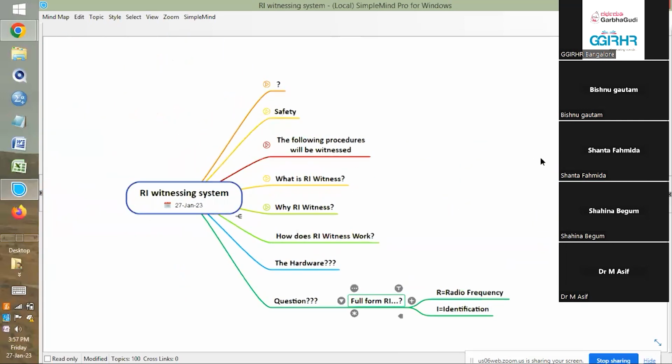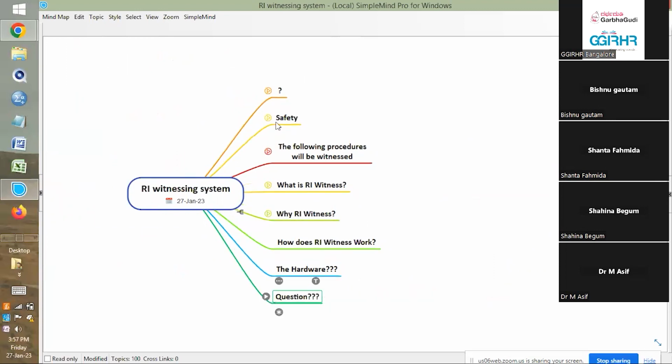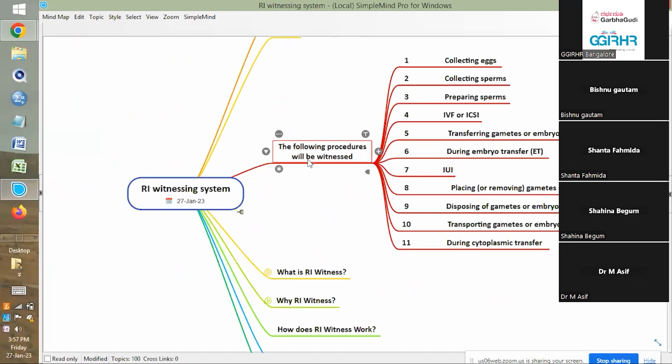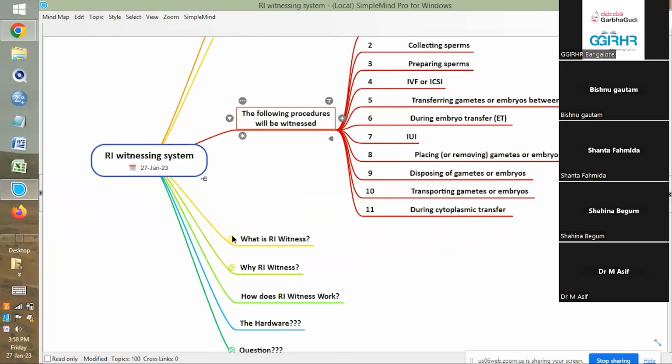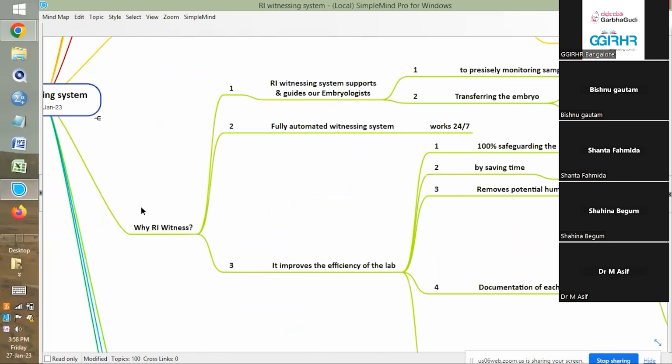Something you got, doctors, because here what is very important is that this everything is software based. You should know what procedures we monitor, what RI is, and why RI is used. This question, why RI is used, is very helpful because they can ask you for a short note. Firstly, it witnesses, which means it supports the embryologists and clinicians, and it is fully automated. It can witness 24/7, and it improves the efficiency of the lab.